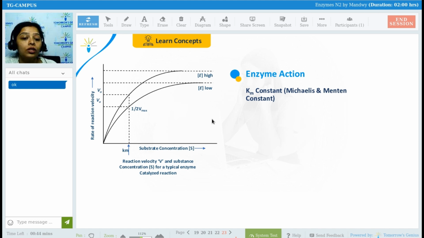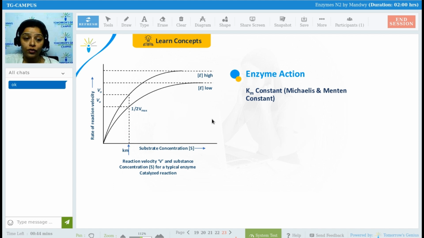The Km constant or Michaelis-Menten constant of an enzyme is the concentration of substrate at which the rate of reaction of the enzyme attains half of the maximum velocity. As you can see here, the total rate of reaction is this, and at the Km constant you will find half of the maximum velocity. Are you getting me?